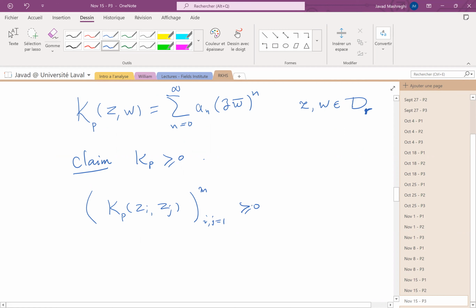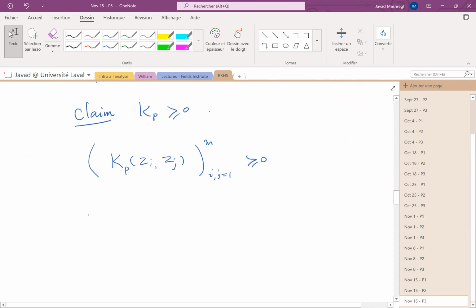This is immediate based on the preceding example because we can consider Pn to be the same sum, but n from 0 up to n, an, zn.